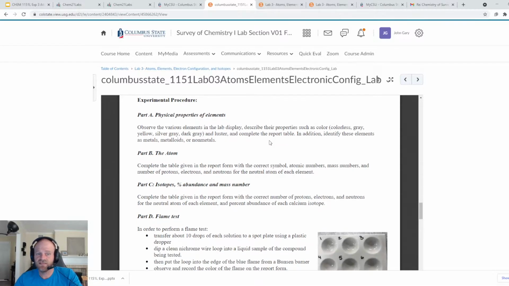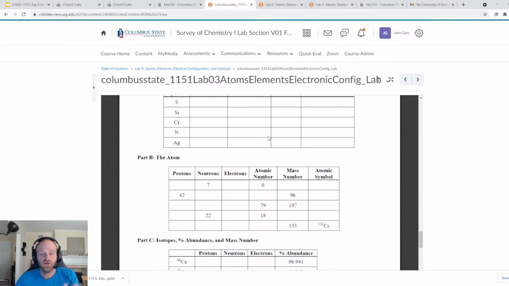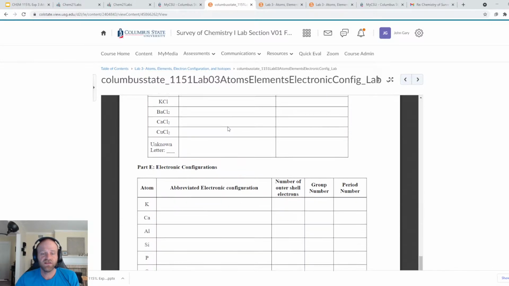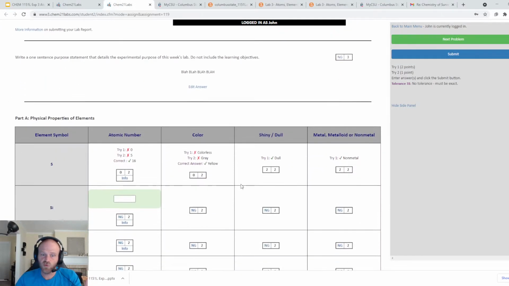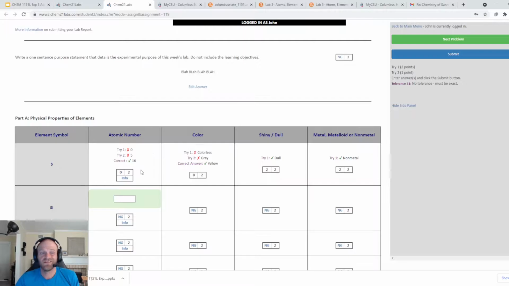Okay, so this is the procedure part. It also has a lab report sheet that mimics what is on Chem 21. So you can fill this out, but when you're done with this, you absolutely need to upload your answers onto Chem 21 like this here. So I was going to go through and show you how to work some problems, but the obvious problem with that is when I work it, it'll end up giving me the correct answer.